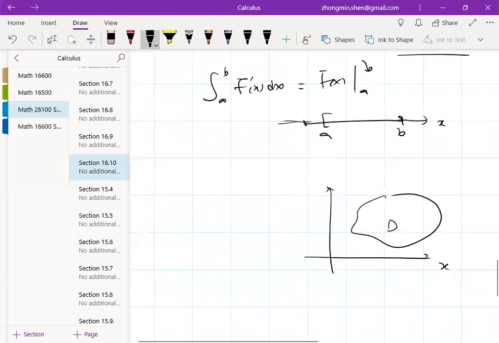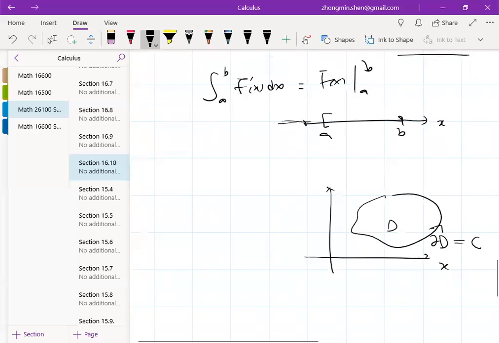But when you say a domain in the xy plane, if it's connected, then you cannot control the boundary. So this is D. The boundary is denoted by this notation, and it is going to be denoted by C. It's going in that direction, so it has an orientation.